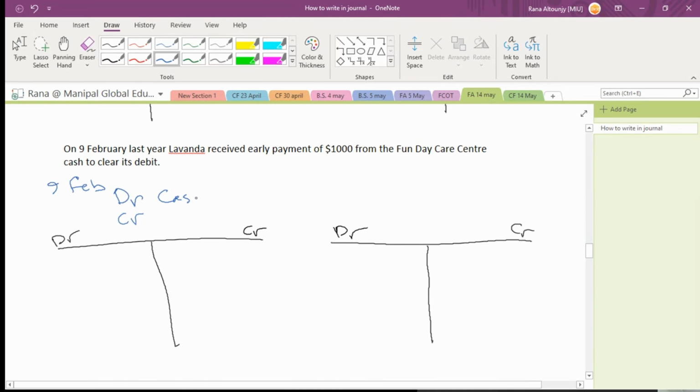So it's cash and credit accounts receivable. The amount is 1,000. So when we open the ledger, we have the ledger of the cash and the ledger of the accounts receivable. In your answer, please write the full things because here I don't have enough space, so I cannot write.